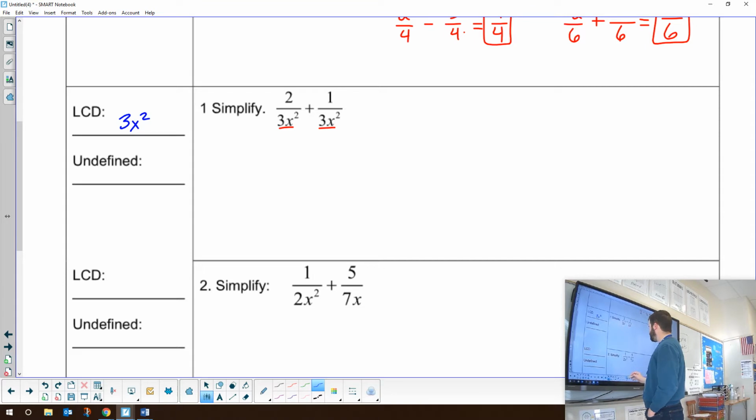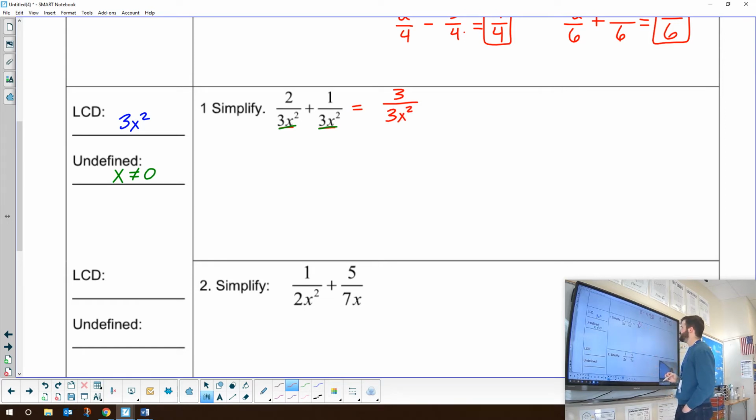Then we can talk about my undefineds. Well, since these are the same and there's no plus or minus, my undefined is just going to be x cannot equal 0. Then we're going to add these together. So 2 plus 1 is 3, so we're going to have a 3 on top and a 3x squared underneath.